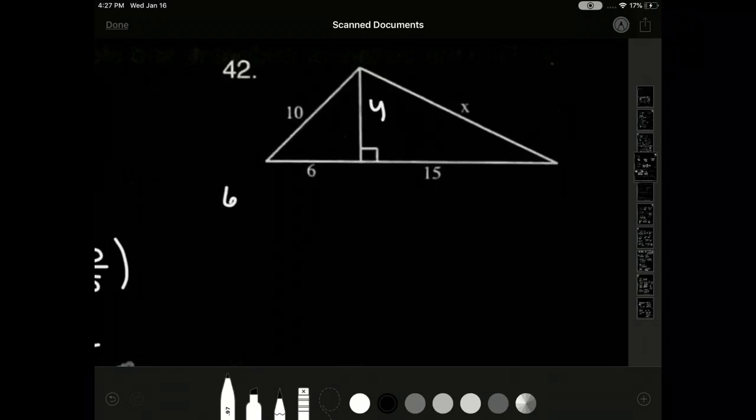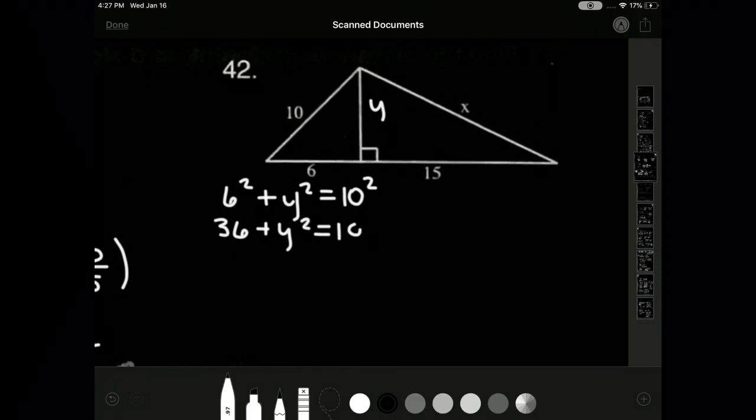So we have 6 squared plus y squared equals 10 squared. So we get 36 plus y squared equals 100. And then when we take 100 and we subtract 36, we get y squared equals 64. And when we take the square root of 64, y equals 8.